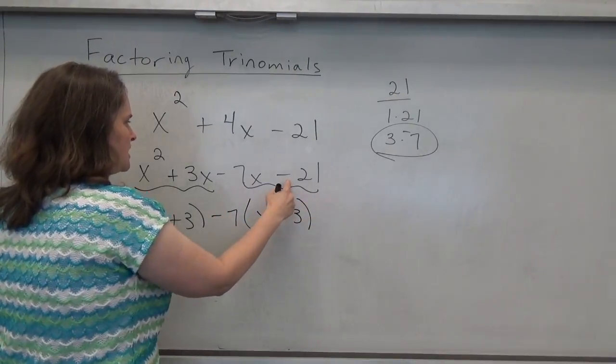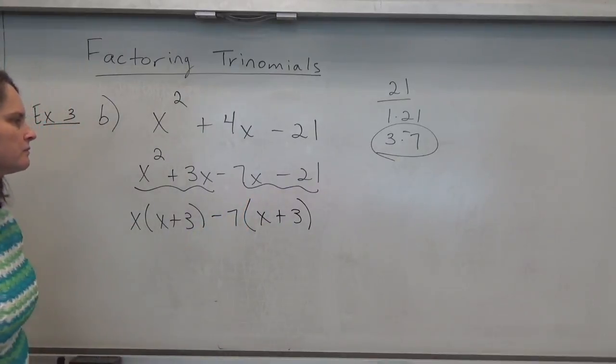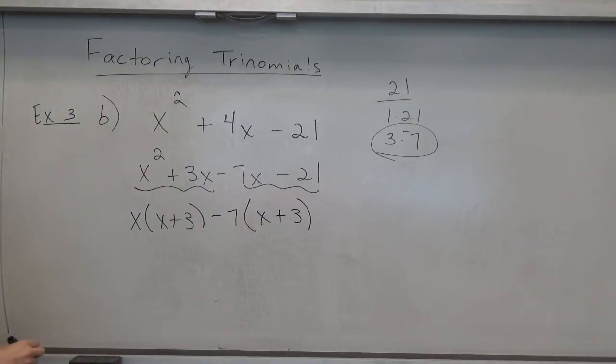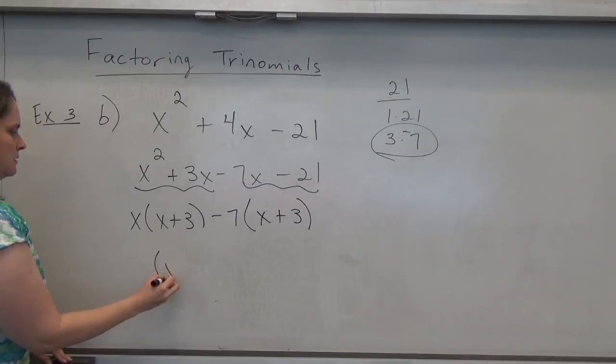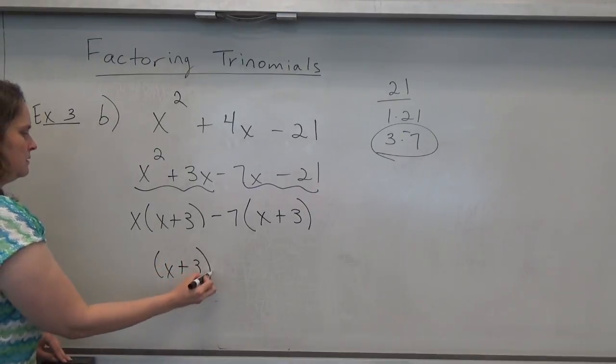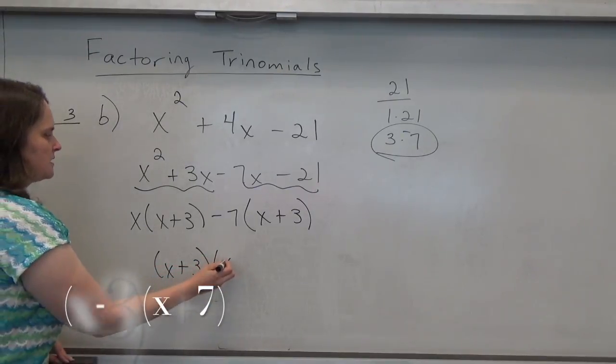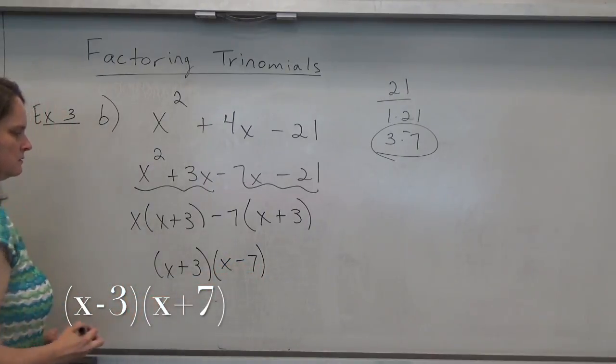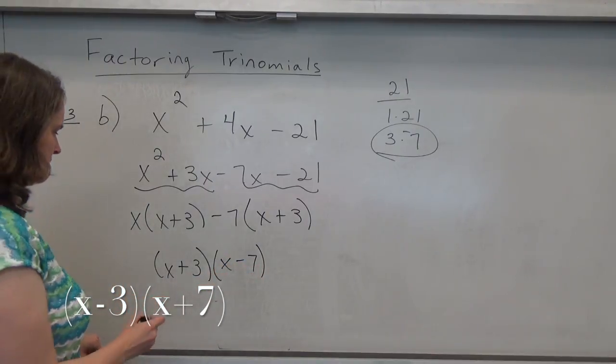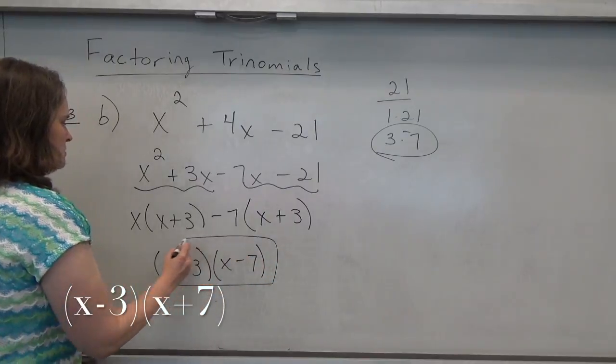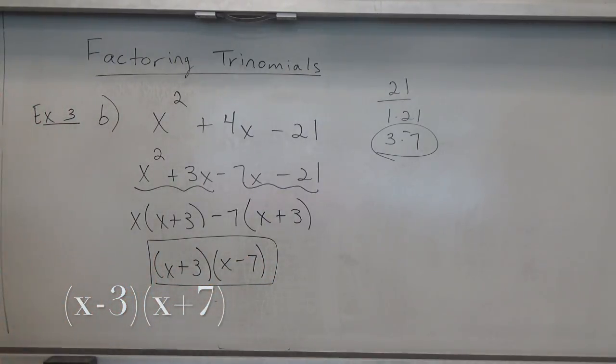And we'll have x minus 3 in the second set of parentheses. That minus 7 should be a plus 7. So when we're finished, our answer should be x minus 3 times x plus 7. Okay, back to the video.